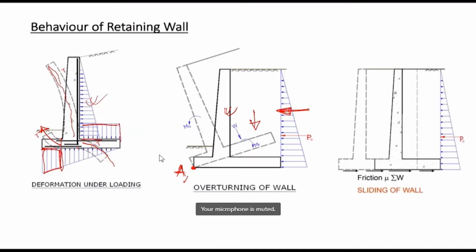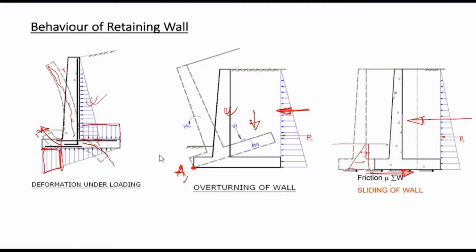Now, this retaining wall will also have a tendency to slide due to this active earth pressure. The restoring force will be this passive pressure, and the friction which is being generated at the interface of soil and the bottom of the base slab.